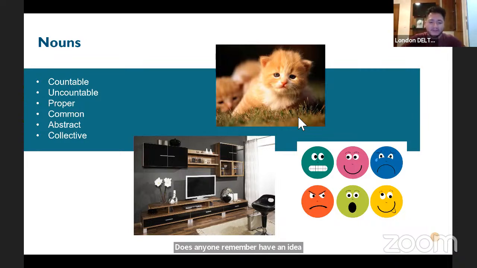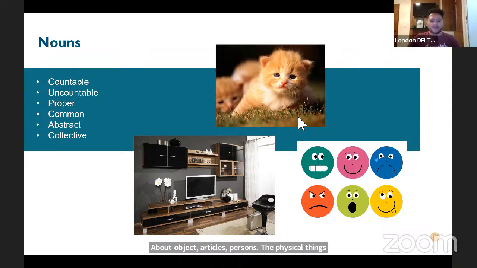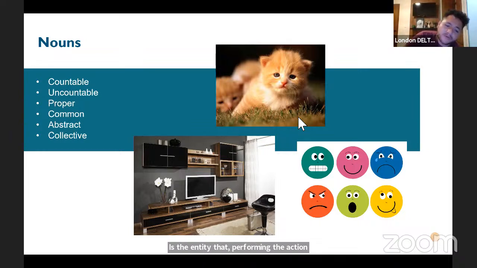You can tell anything, what you remember. About object, articles, persons, the physical things. Okay, good. And also, is the entity that performing the action? Good. Muy bien. I see that you have some conceptions already. Good. Tienen una idea, but very well.